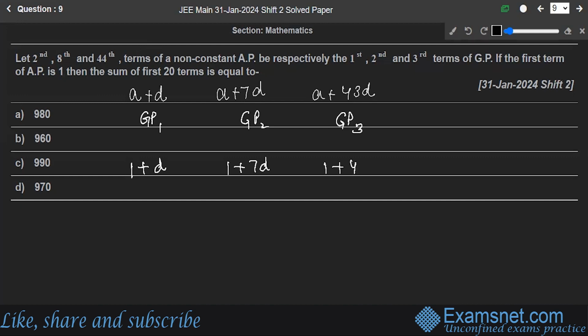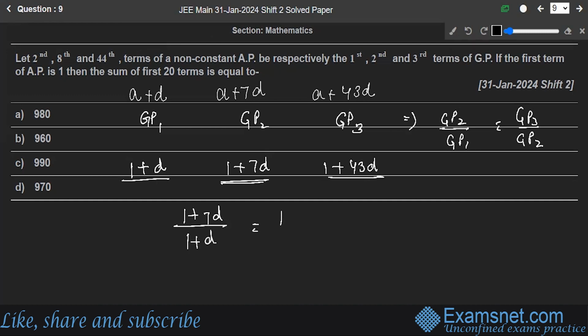You know in the GP, the ratio GP2 upon GP1 is equal to GP3 upon GP2. So you will have 1 plus 7D upon 1 plus D is equal to 1 plus 43D upon 1 plus 7D.